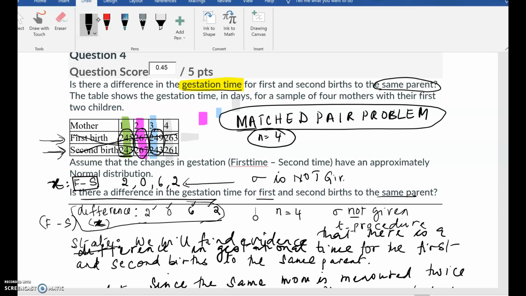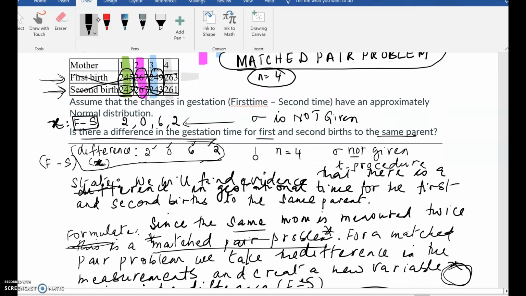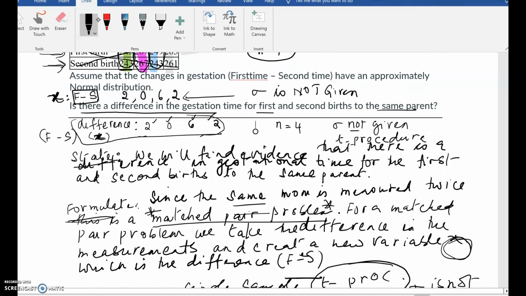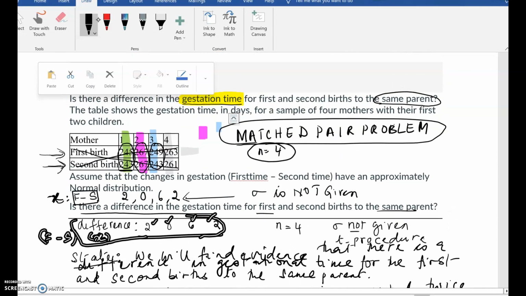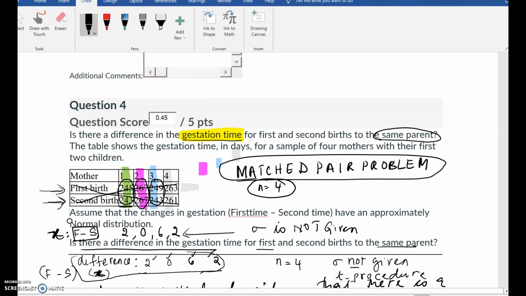So in the case of a matched pair problem, we take the difference, and the new row, which is the difference, becomes our new variable x. And obviously the population standard deviation is not given because we created this new variable, so it becomes a single sample t procedure.